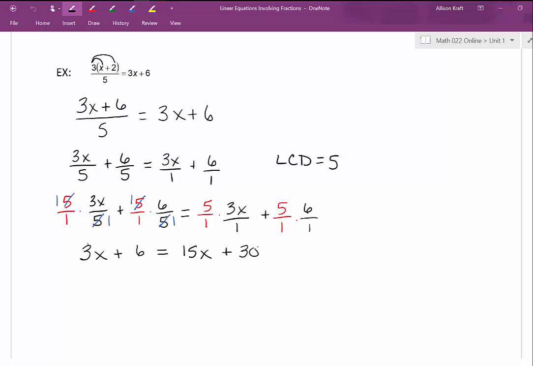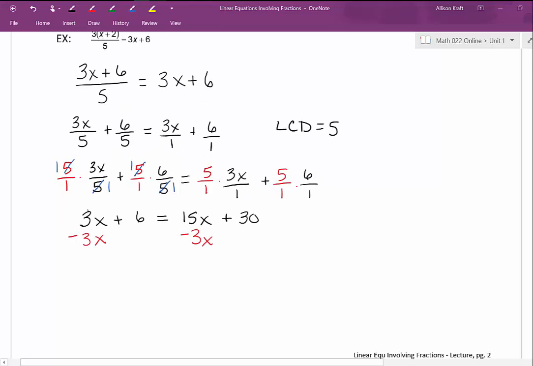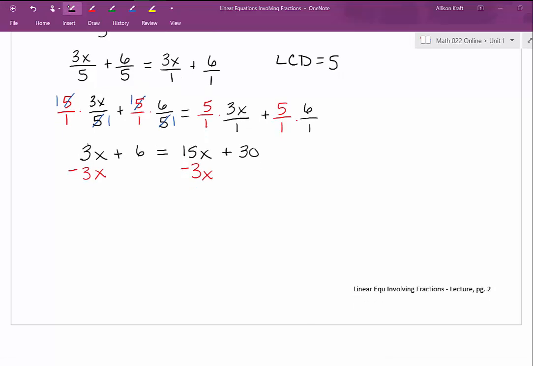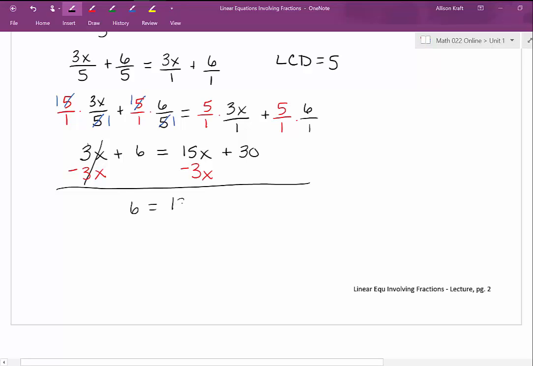I'm going to move the variable term that has the smaller coefficient, so I'm going to move the 3x. It's a positive 3x, so I'm going to subtract 3x from both sides. This gives me 6 is equal to 12x plus 30.